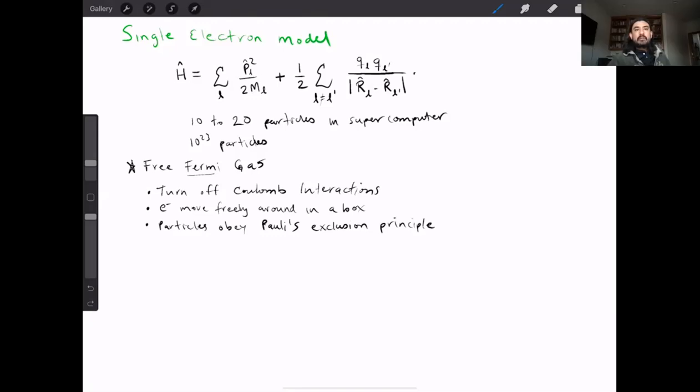All right, so let me then start with this. The Pauli principle is the main thing that comes into play here.